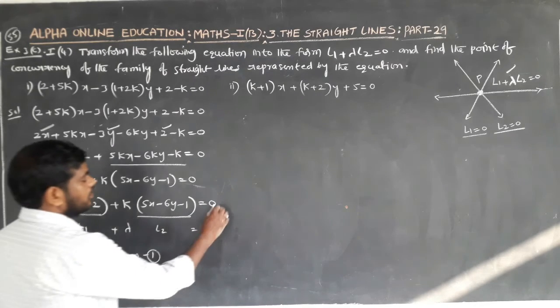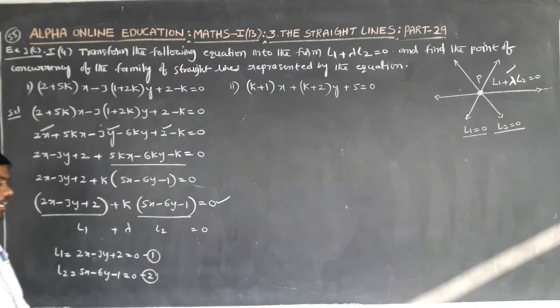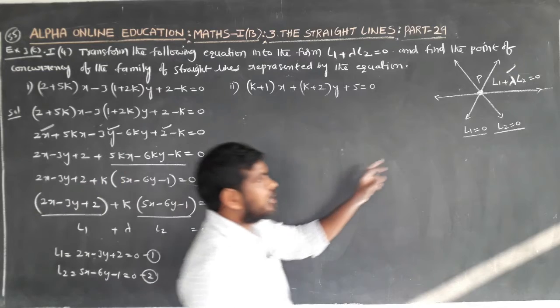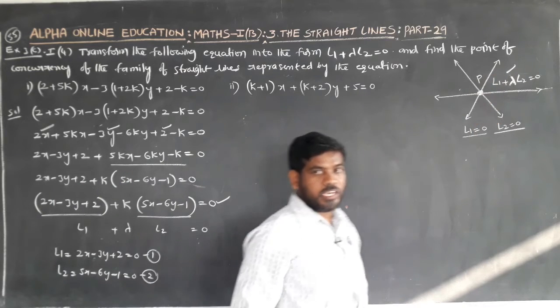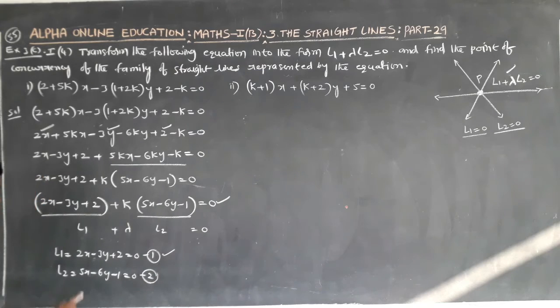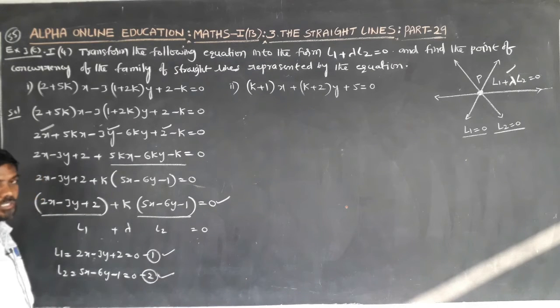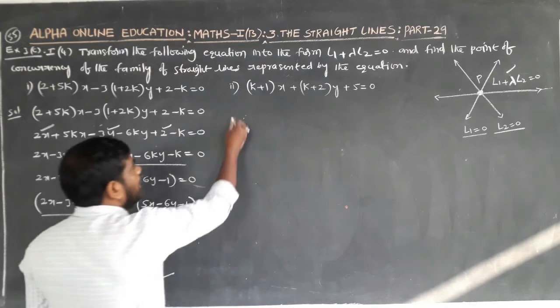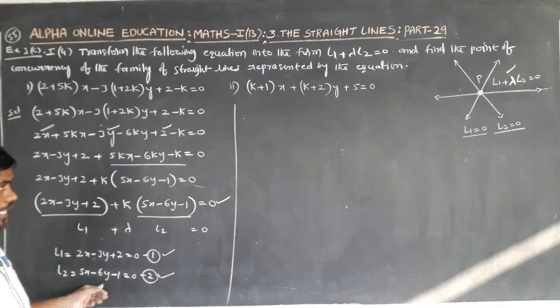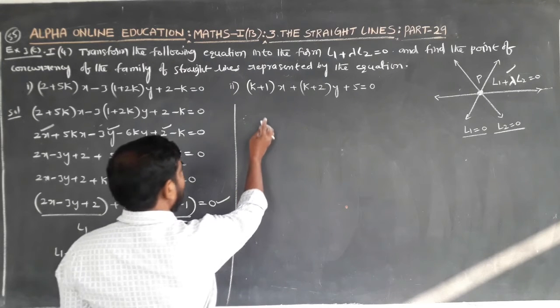This is the equation of the straight line passing through the point of intersection of the two lines. First line is L1 is equal to 0, second line is L2 is equal to 0. Again find the point of intersection of the two lines.